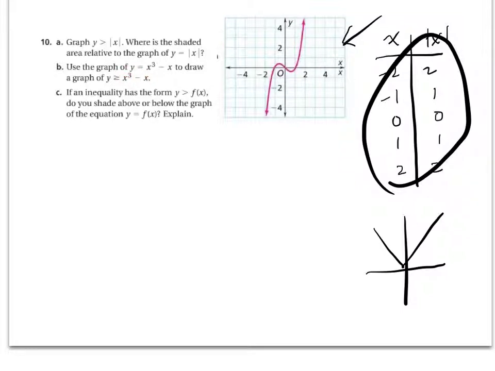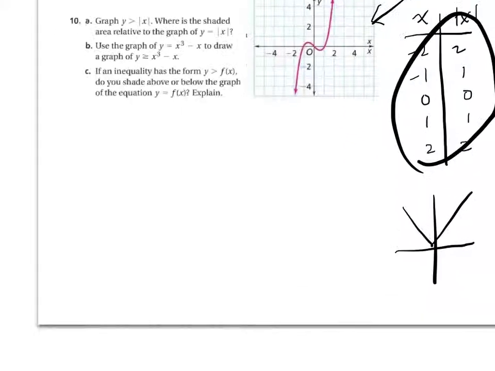And if an inequality has the form y is greater than f of x, do you shade below the graph of y equals f of x? Explain. Well, this is basically what I did. So that's it.